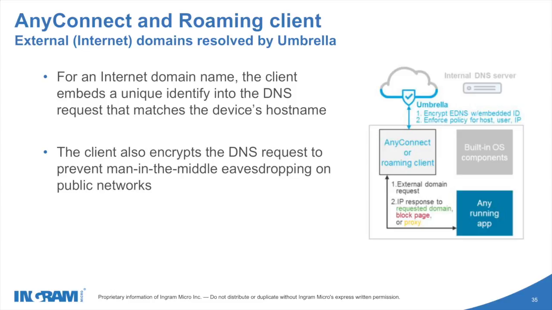On the other hand, if it is malicious or violates your policy, the IP address of the Umbrella block page servers is returned, or even a block page on a custom IP address that you own. And if the destination contains both safe and malicious or unknown web content, Umbrella returns the IP of the cloud-based intelligent proxies, so the connection can be intercepted and filtered at the URL level.